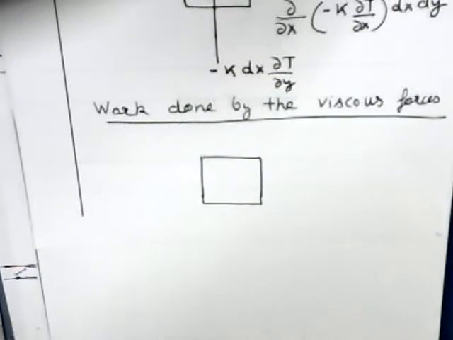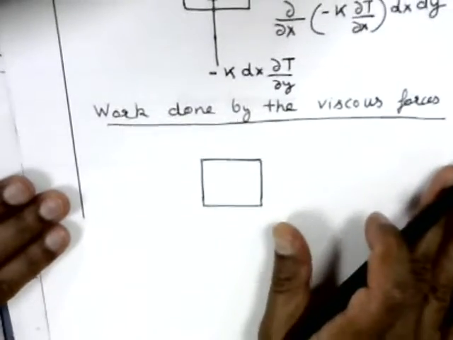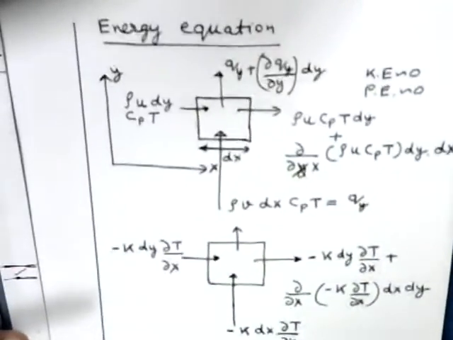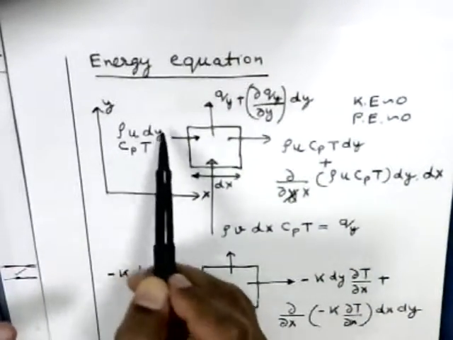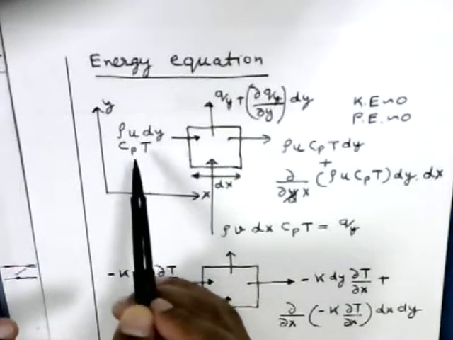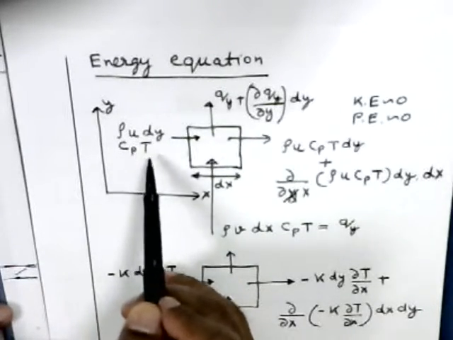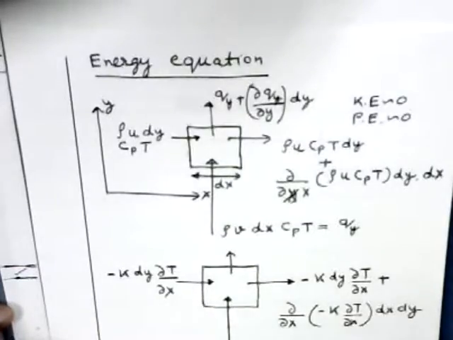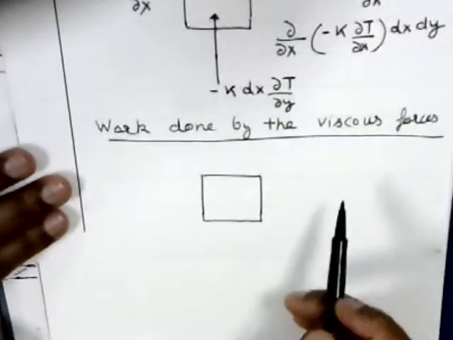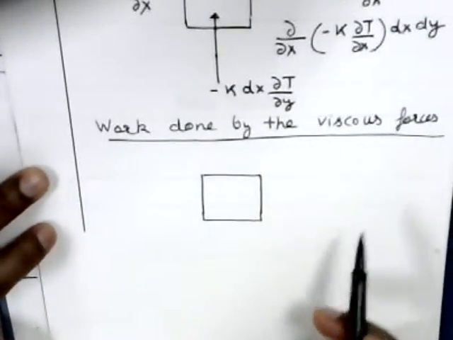And when I say viscous forces, I am not including pressure in that, because work done by pressure we already included in this term here. This is enthalpy. This includes internal energy and also work done by the pressure forces. So when you say viscous forces, it does not include pressure.